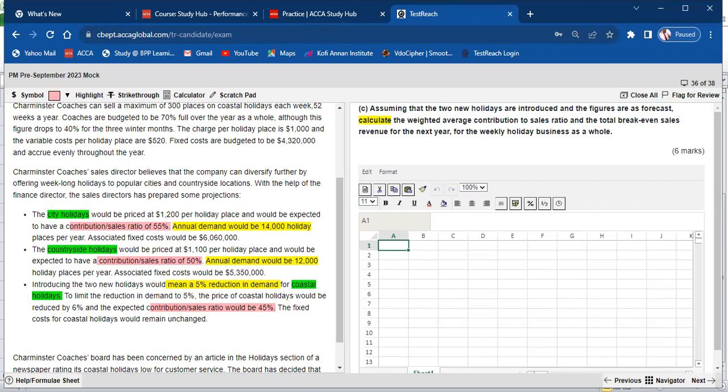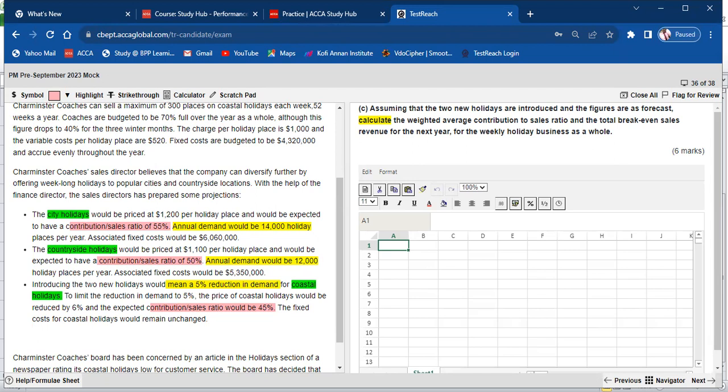Highly likely, the marking guide is going to allocate 3 marks for weighted average CS ratio and another 3 marks for total break-even sales. You see why people fail? Most people will not do the second part. And what's the guarantee that the 3 marks for weighted average CS ratio, you got it? So even if you did well there, you got 2 over 3, which is a very good pass. Your overall score for requirement C is 2 over 6 because you forgot to answer the second part. This is one of the reasons a lot of people don't do well in PM.